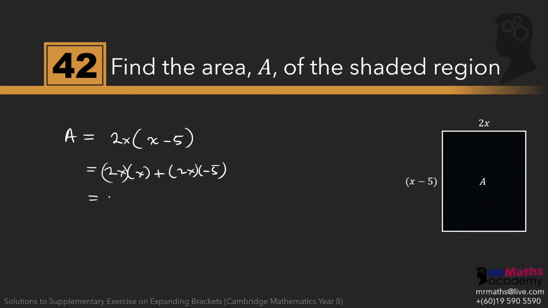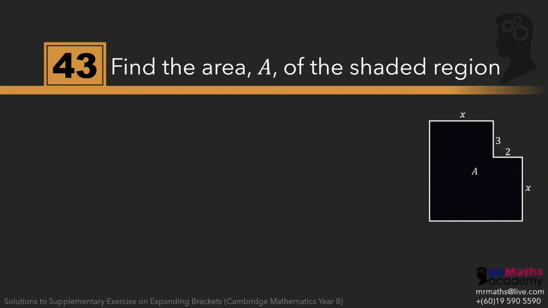That is 2x squared plus minus 10x. So the final answer for A, the area, is 2x squared minus 10x. Next question.